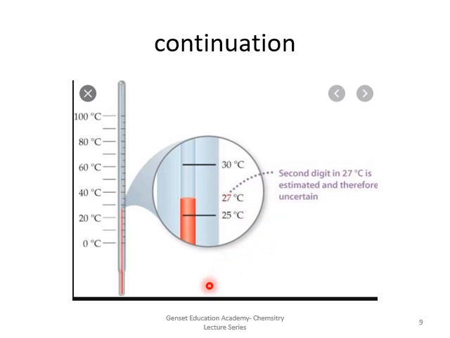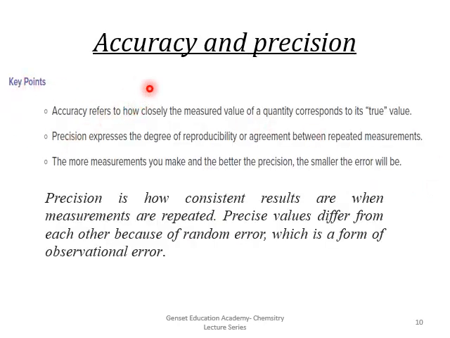So if this person says this measurement is 27 degrees Celsius, because it's not calibrated, you can say there's some degree of uncertainty there. We'll learn more about how to handle those uncertainties when it comes to significant figures. For now, let's learn something about these things.